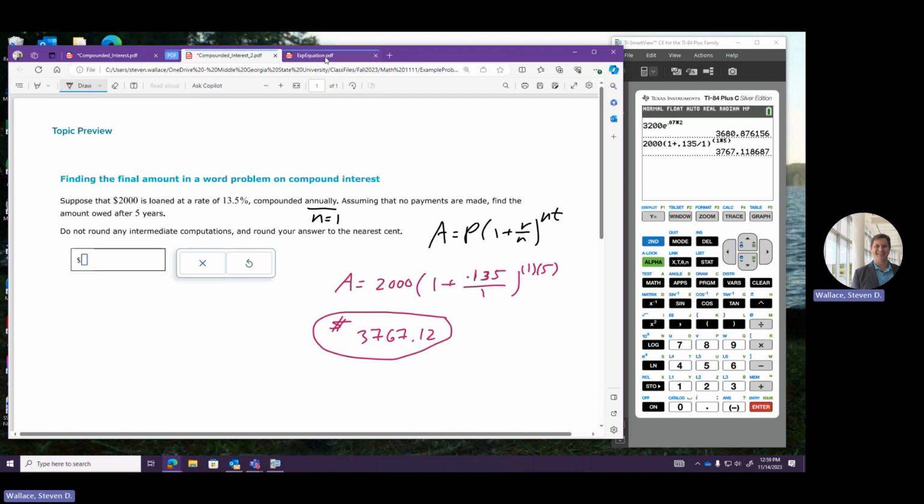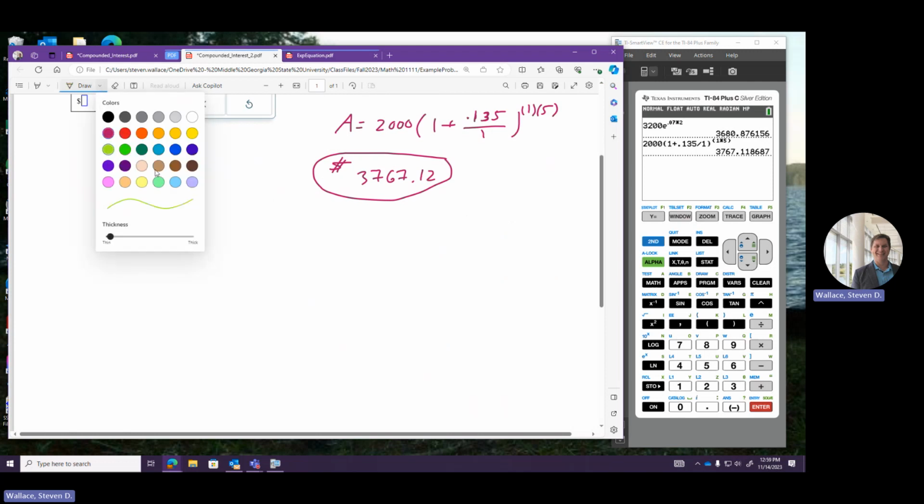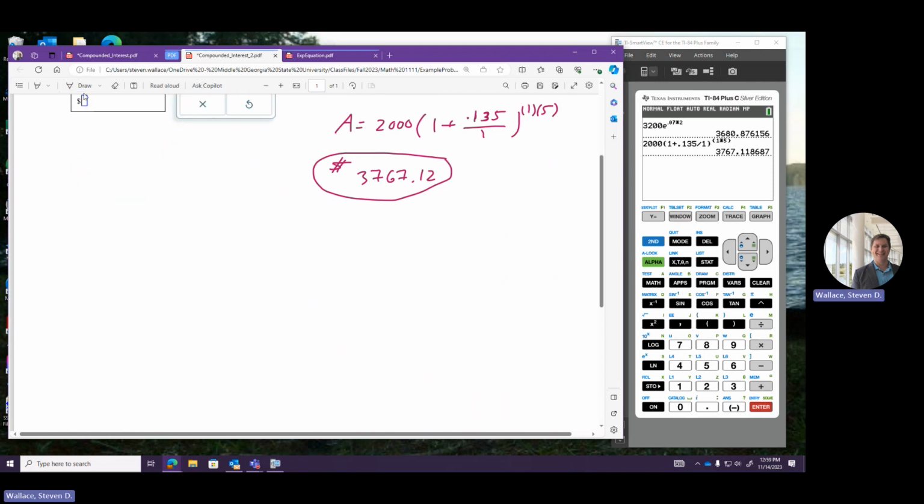All right, so what if we wanted to solve, say, for the number of years? Say we wanted to figure out how long it would take us to get to $4,000, right? So another type of problem would be like, I really want to earn $4,000, so the amount would be 4,000.